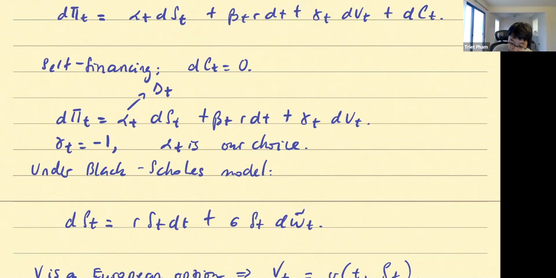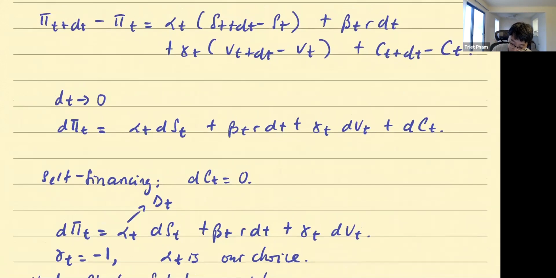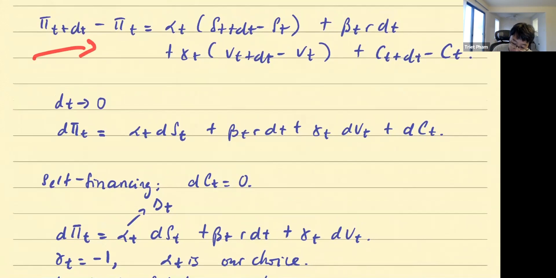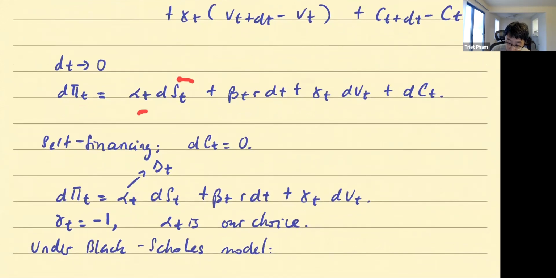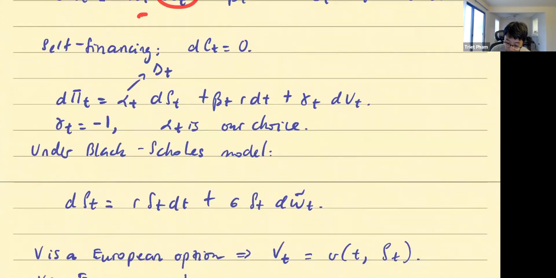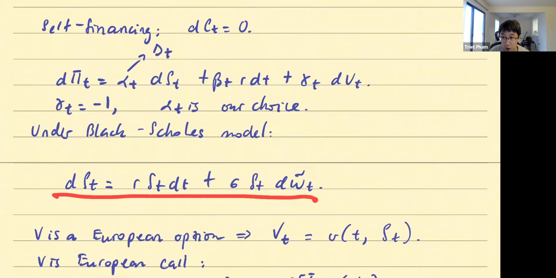You must invest in the stock and cash market to make up for your position in the derivative, okay? And the math that we're doing right here is basically an analysis of how your portfolio will change in terms of value based on the dynamics or the change in the stock price given by the Black-Scholes model.